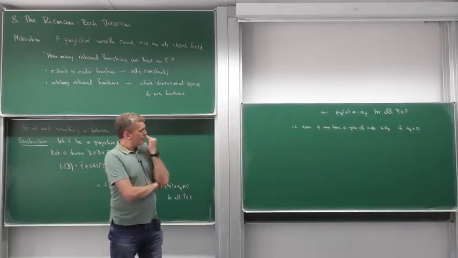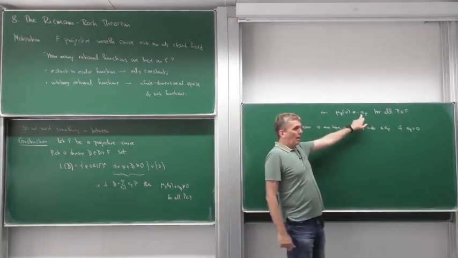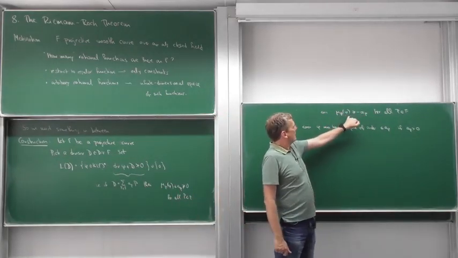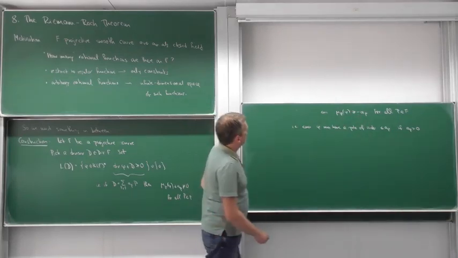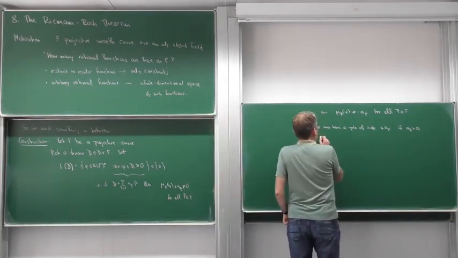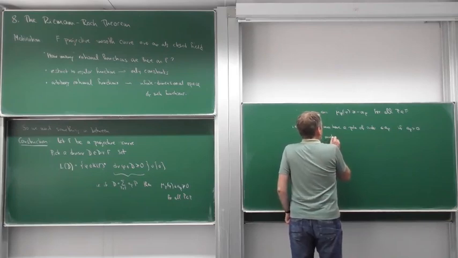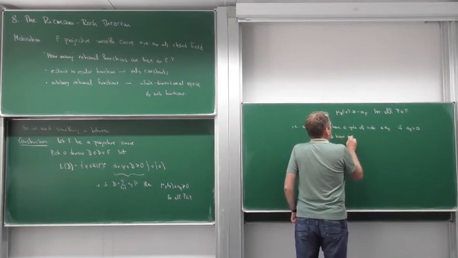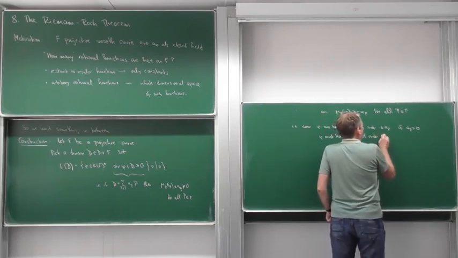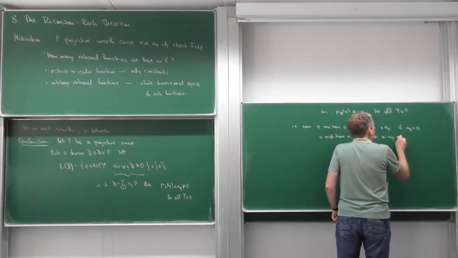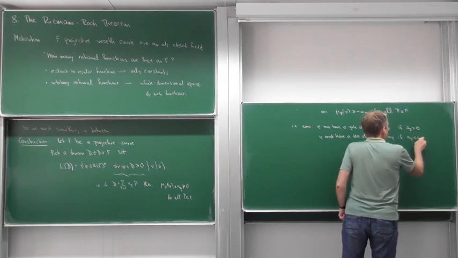If AP is less than 0, then this number here would be positive, and this means that the order here must be at least this positive number. So that means that we must have a 0 of at least that order. So phi must have a 0 of order at least minus AP if AP is less than 0.